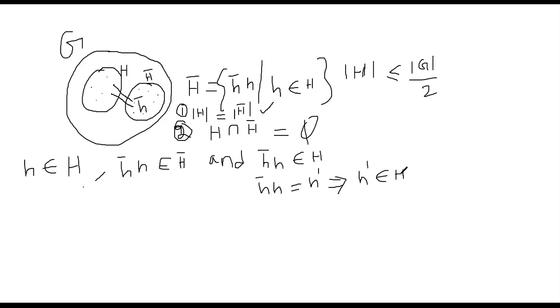We will take the multiplicative inverse of h on both sides, which exists because we are working with H being a subgroup. We can do the multiplicative inverse easily, which means H bar is nothing but h inverse times h prime.